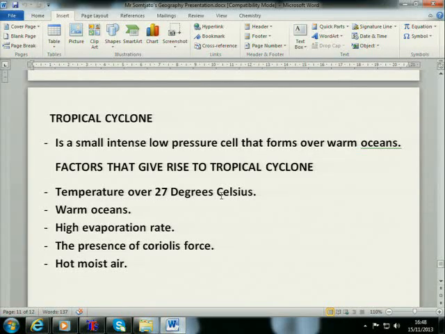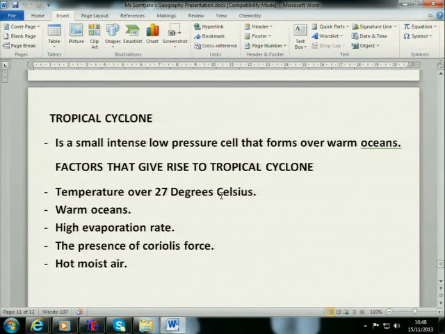Maybe we can add another one. For a tropical cyclone to go on, it needs energy. That energy comes from latent heat.